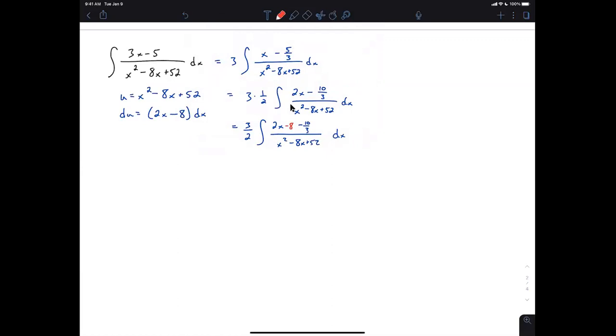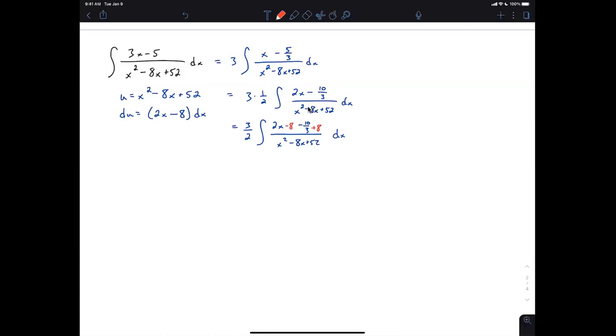But if you subtract 8 and then add 8, now that's okay because -8 plus 8 is 0. And so if I canceled the stuff in red, I would get back to what I started with on the last step. Does that make sense?